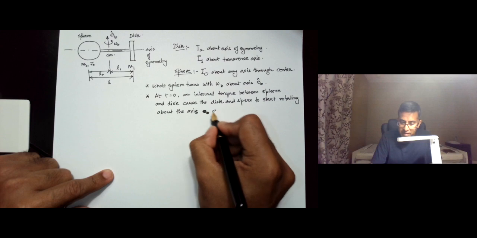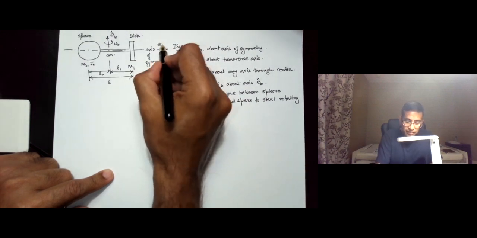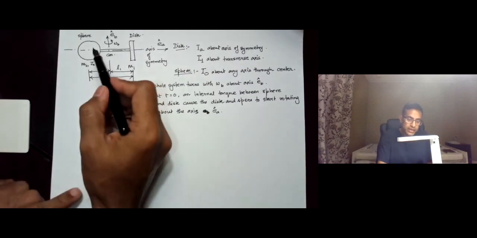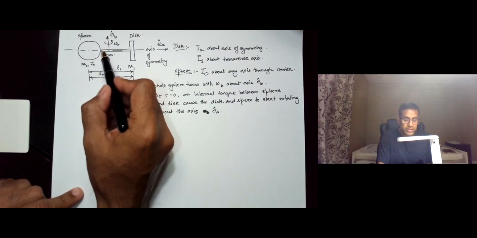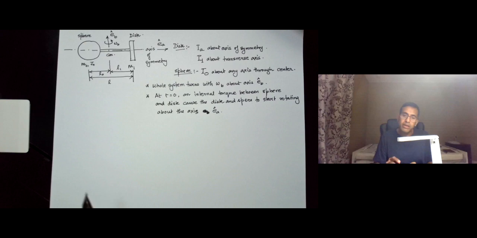Oops, sorry, this is EA. Now EA is this axis of symmetry. EA is the unit vector along the axis of symmetry of the assembly. So at the initial time there is an internal torque, so you can imagine that there might be a motor here which starts exerting a torque which causes the disk to turn in one direction along the axis of symmetry, and the sphere then turns in the opposite direction but still along the axis of symmetry.